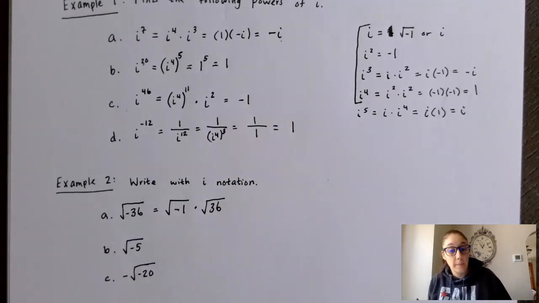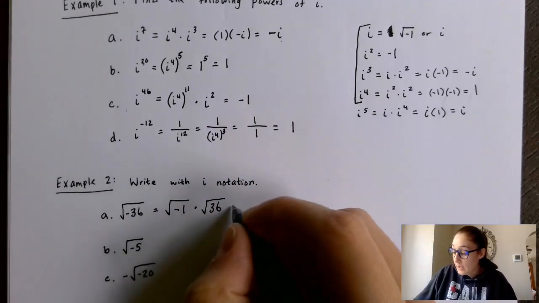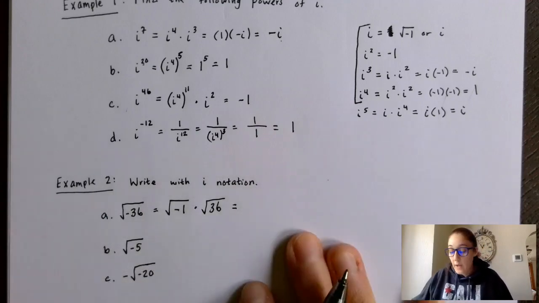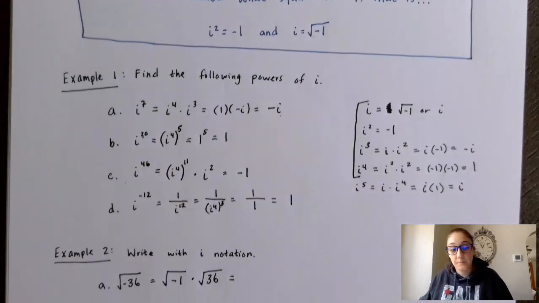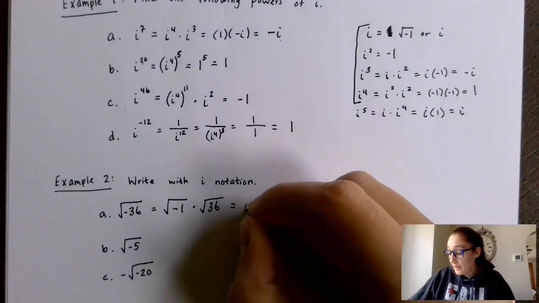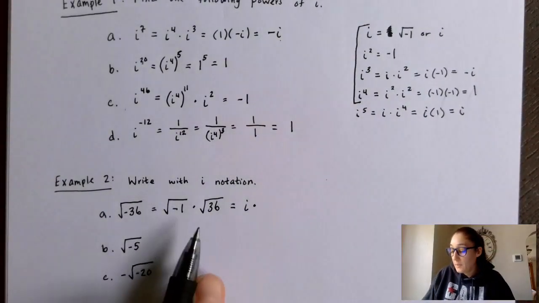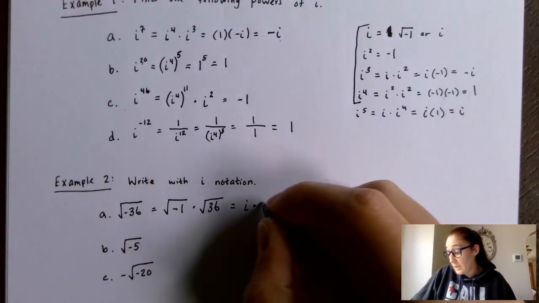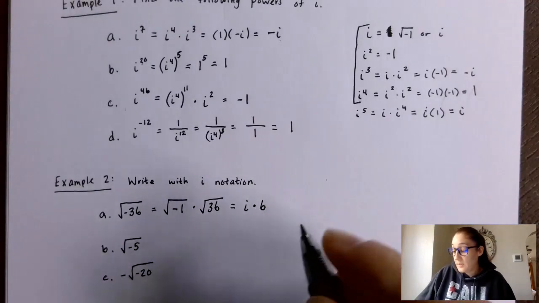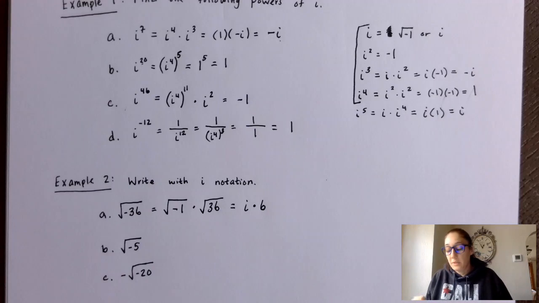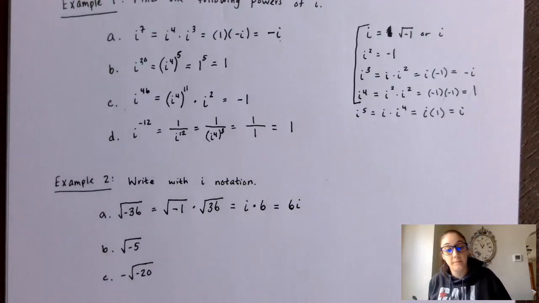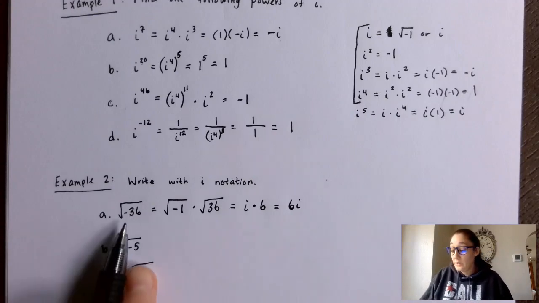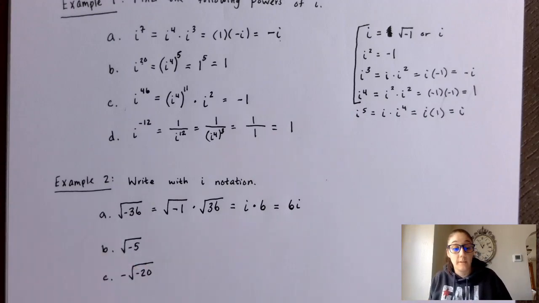The reason I want to do that is because I know the square root of negative 1 is i. So here I have i times, and the square root of 36 is just 6. So i times 6. Treat i almost as if it were a variable, so we would write this as 6i. And that's the answer to the square root of negative 36.